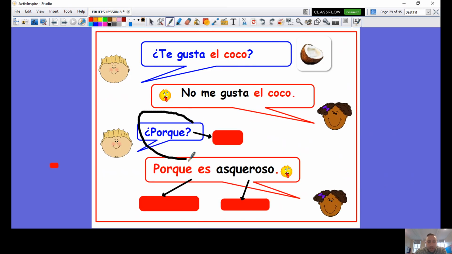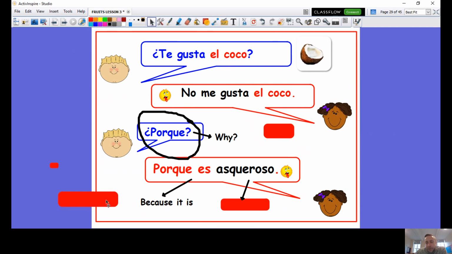Then the boy says, ¿Por qué? And that means why. Well done. And she responds. She says, Porque es asqueroso. Porque es means because it is asqueroso. Can you help me? Do you remember what asqueroso means?